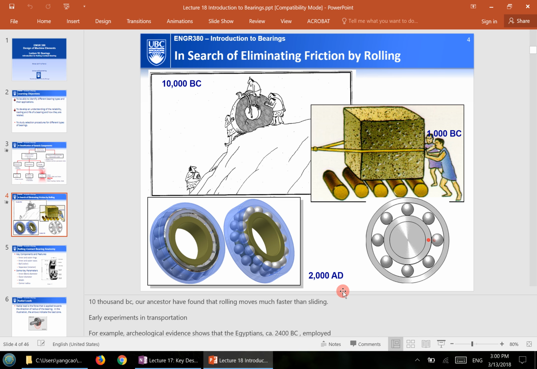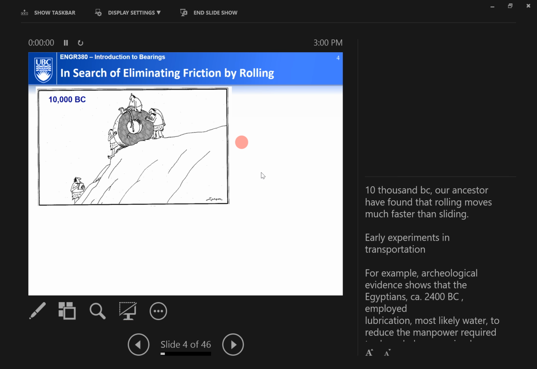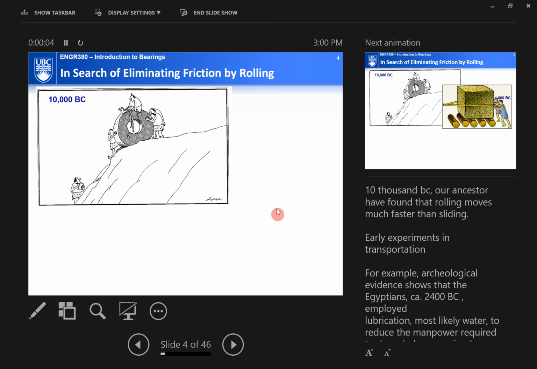Bearing is not actually new. The concept of bearing has existed for a long time. This cartoon shows basically 10,000 BC, and you can sense that rolling motion is much smoother than the sliding type of motion.